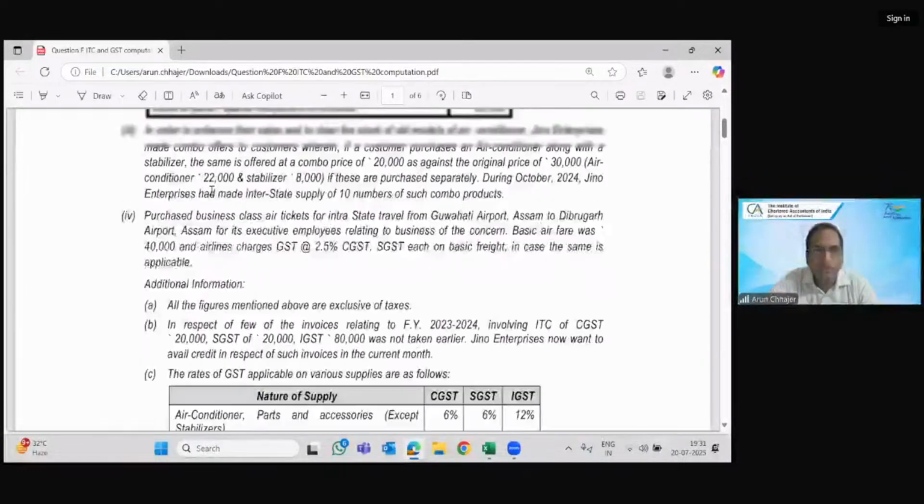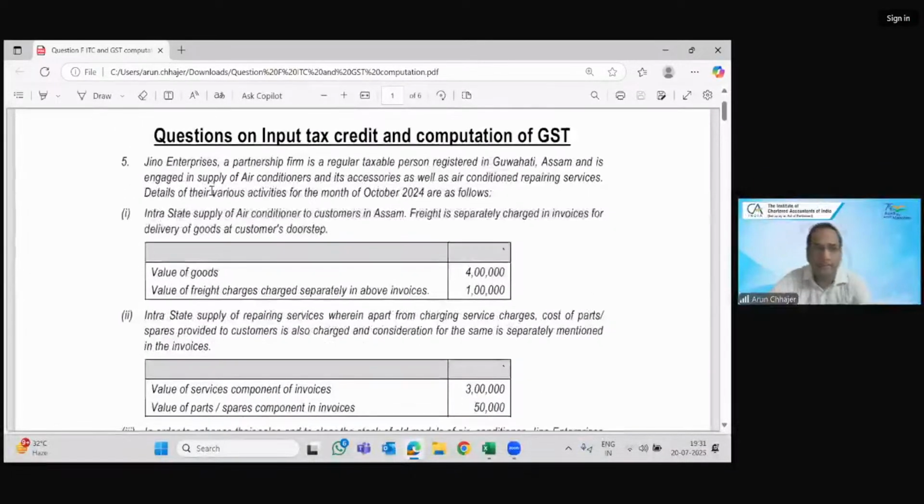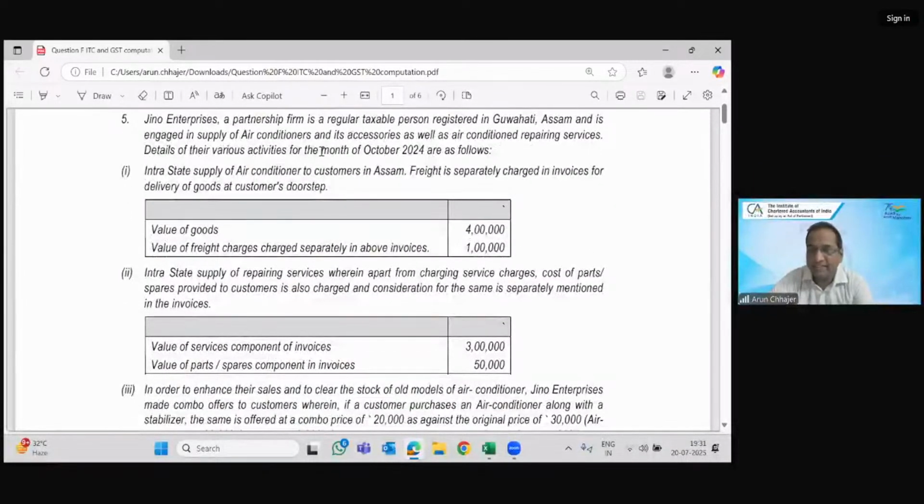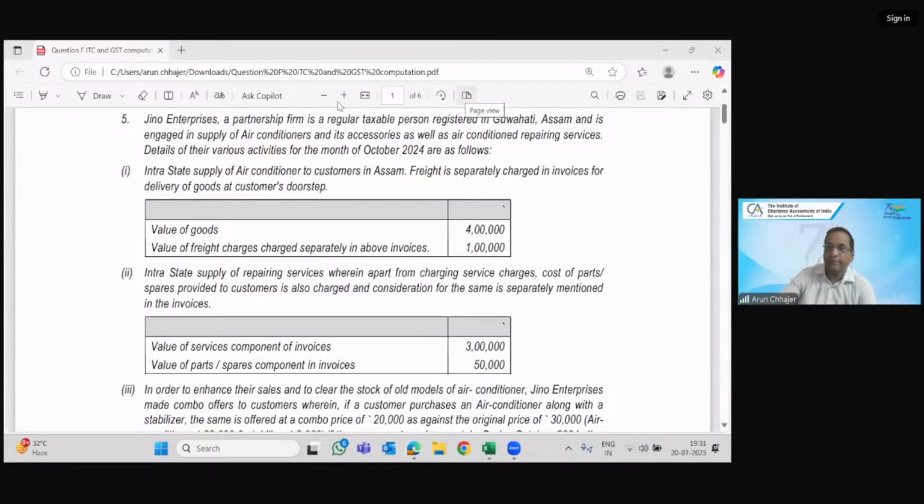Now there is a question of a partnership firm, Geno Enterprises, a regular taxable person registered in Guwahati, Assam, engaged in the supply of air condition and its accessory, as well as air condition repair servicing.